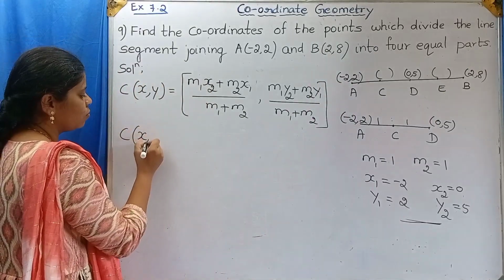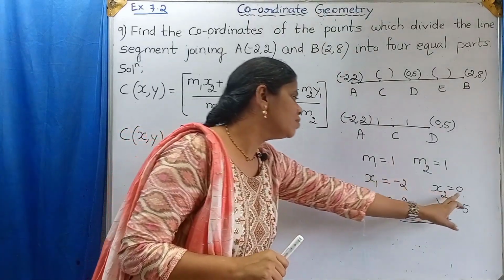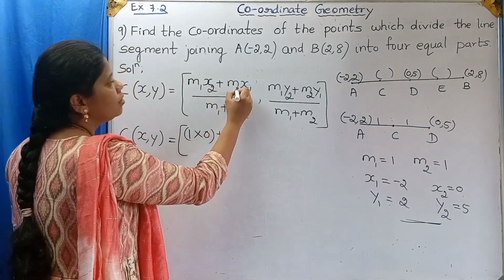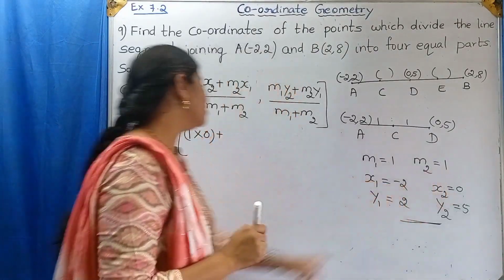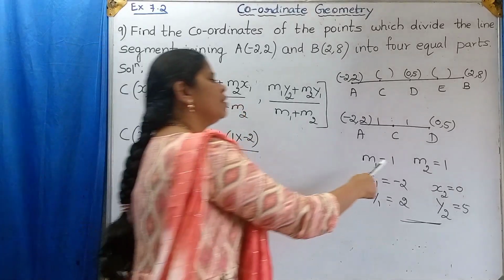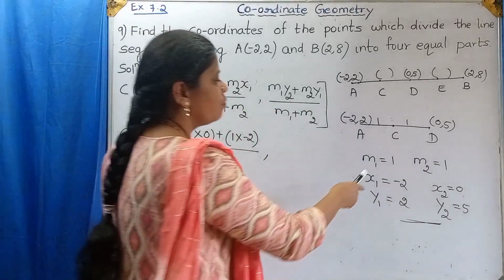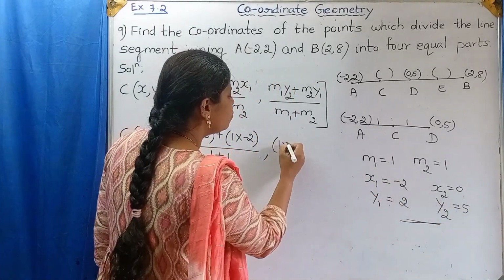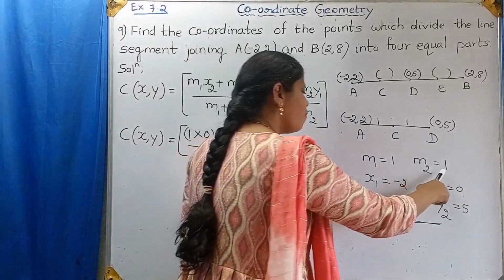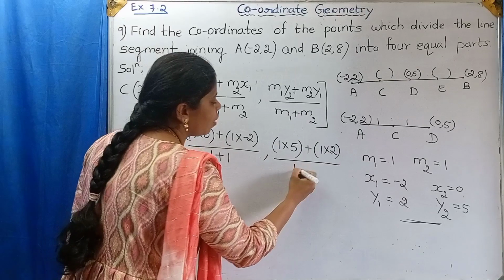C of xy is equal to m1 into x2, that is 1 into 0, plus m2 into x1, 1 into minus 2, divided by m1 plus m2, that is 1 plus 1, comma, m1 into y2, 1 into 5, plus m2 into y1, 1 into 2, divided by m1 plus m2, that is 1 plus 1.